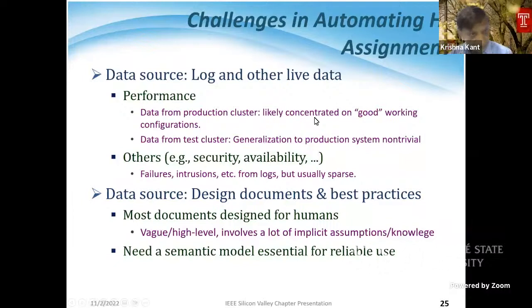They're working values. So the portion of the parameter space covered by all of the data, you might have tons and tons of data, but the parameter space covered is likely to be very much biased towards good configuration and not enough about the bad configuration.